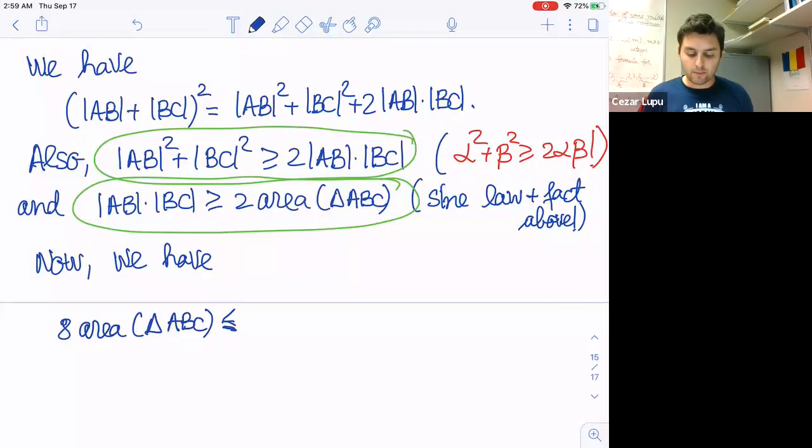so I know that, so let me split this. This will be less or equal than 8, and I'm going to use the second inequality, AB times BC.